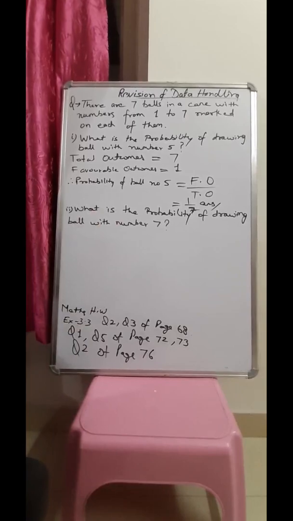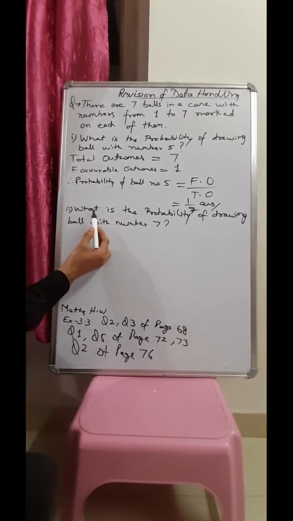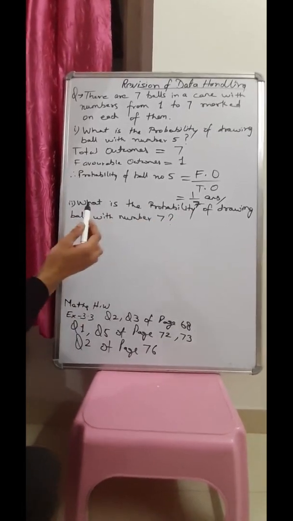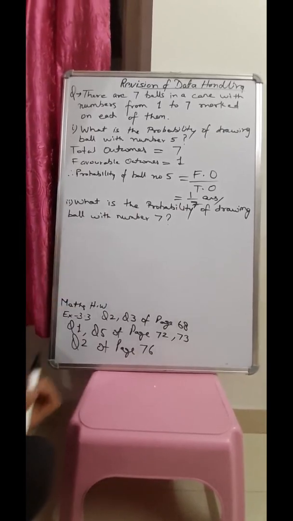In the second part, they are asking what is the probability of drawing a ball with number 7.